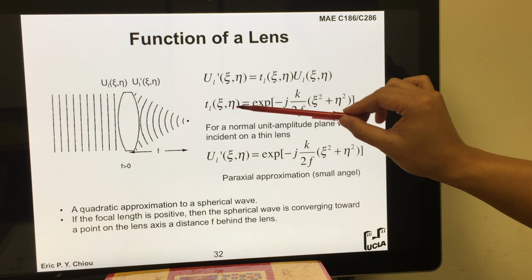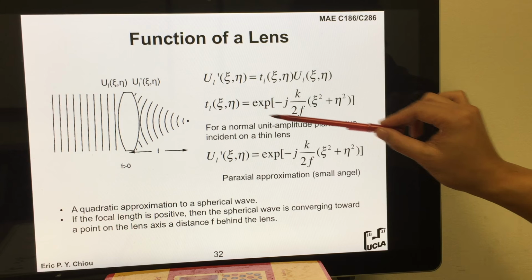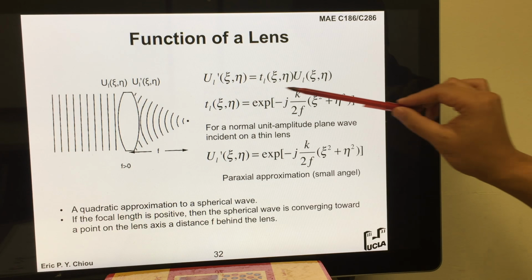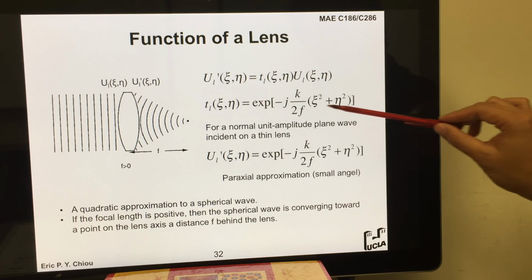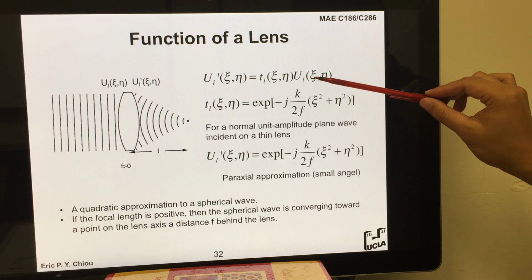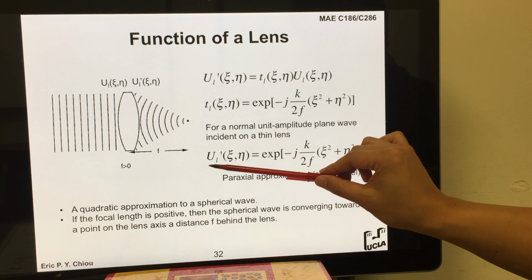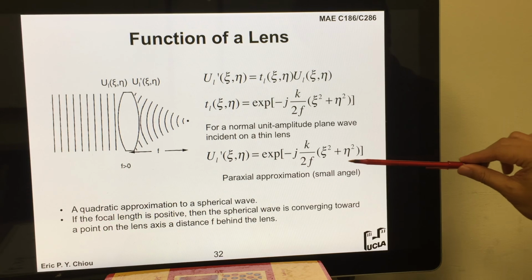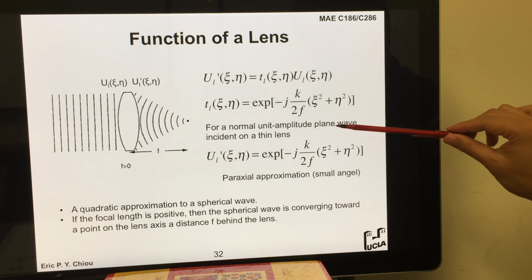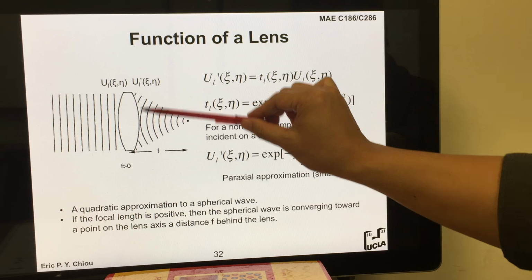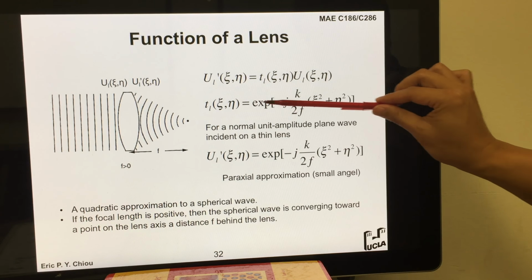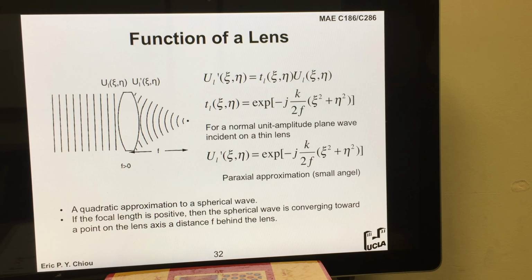What this transmission function does is introduce an extra quadratic phase term to the input function, so your output function is like this. If you have a unit amplitude plane wave coming in, the output function is simply the transmission function of the lens itself.